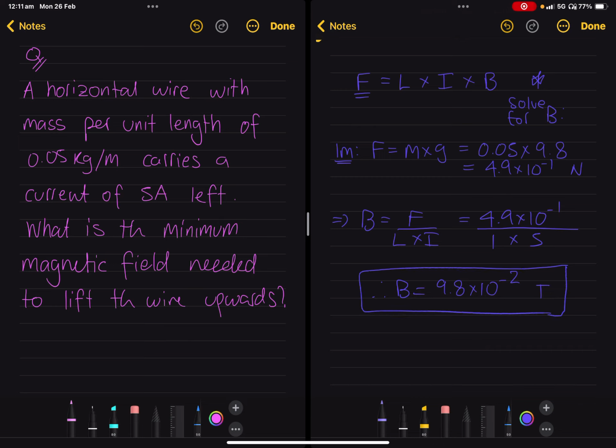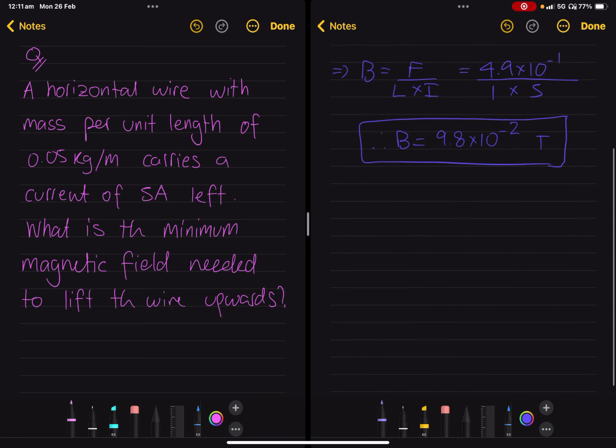So this is the strength of the magnetic field required to keep the object from falling. A field any weaker would allow gravity to overcome the force due to the magnetic field and the object would fall, accelerate downwards. A field stronger would lift the object upwards.